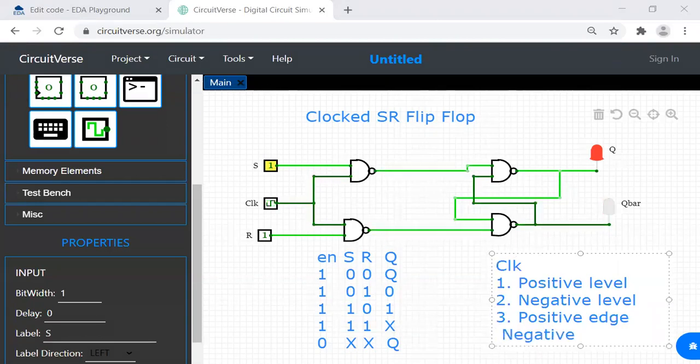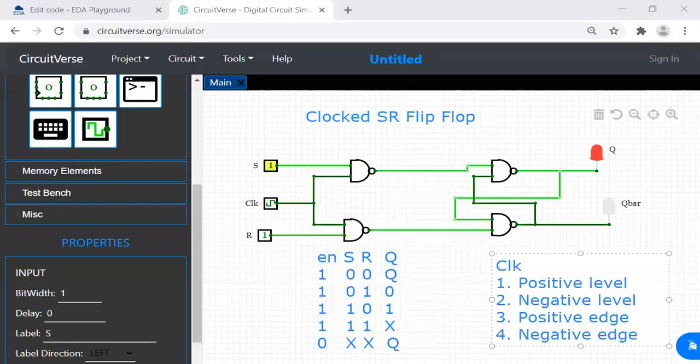Now what are these 4 things we need? Positive level, negative level, positive edge, negative edge.